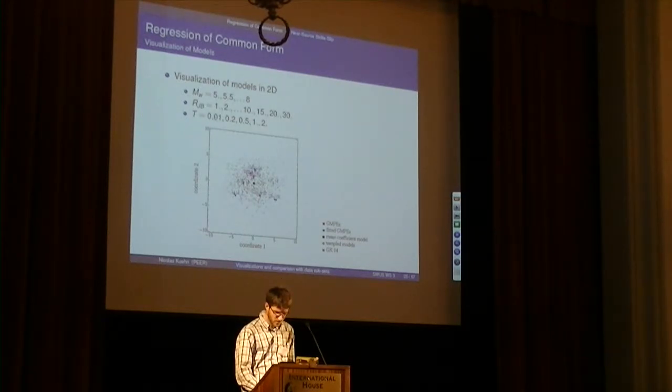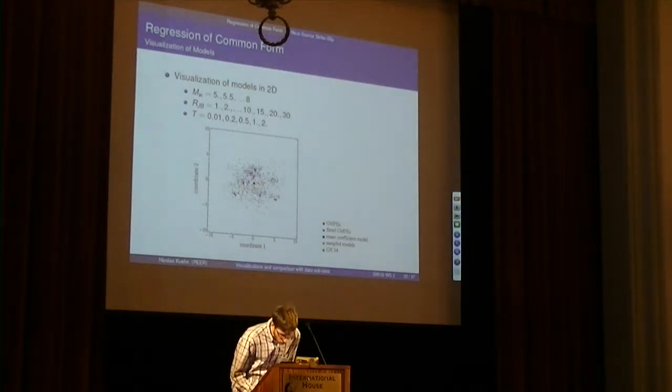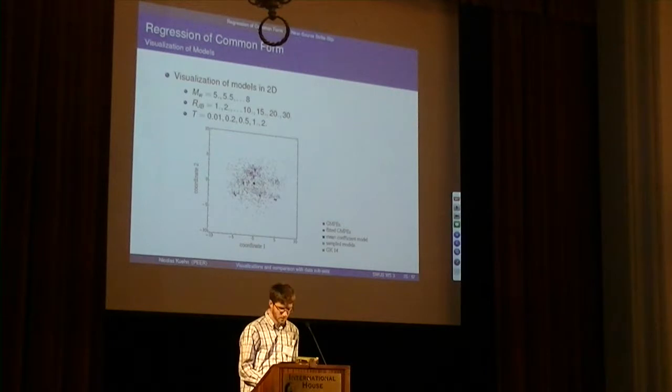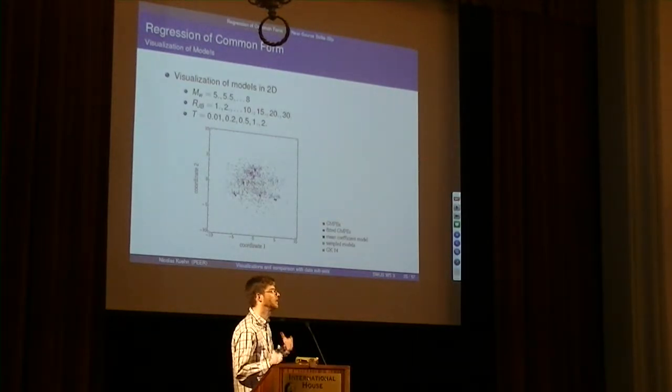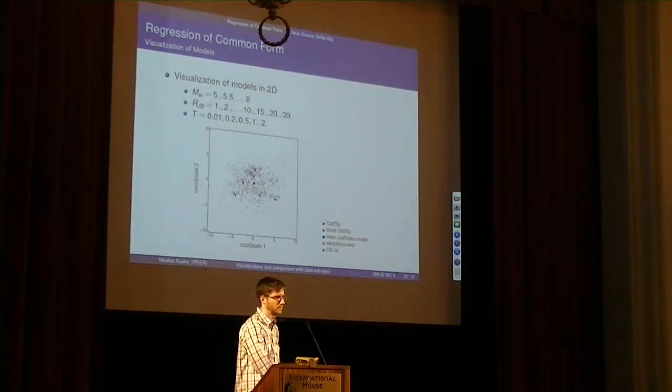So the Gregor and Kalkan would be there. And the black dot is the prediction using the mean parameter vector, the mean coefficients.